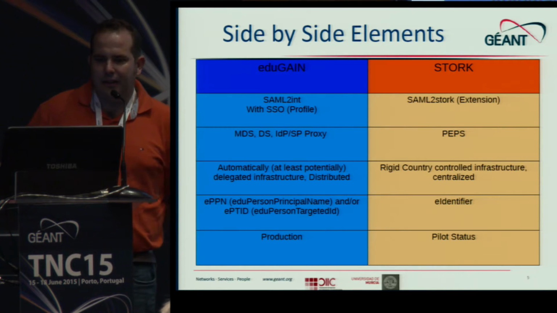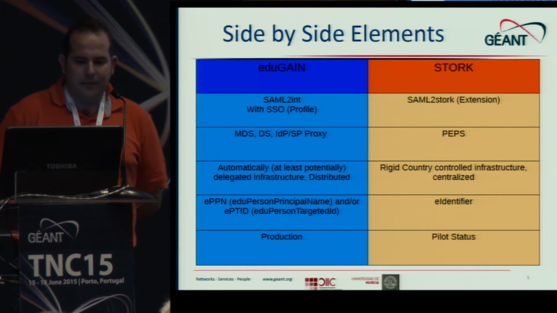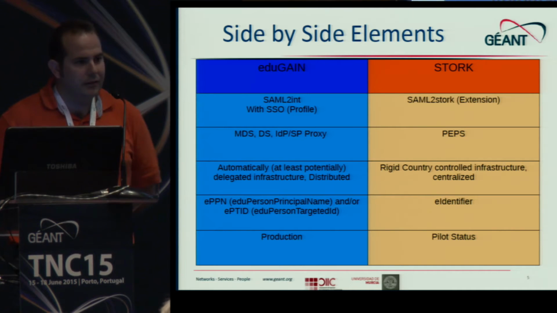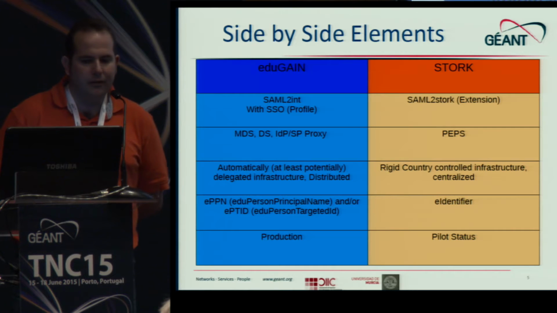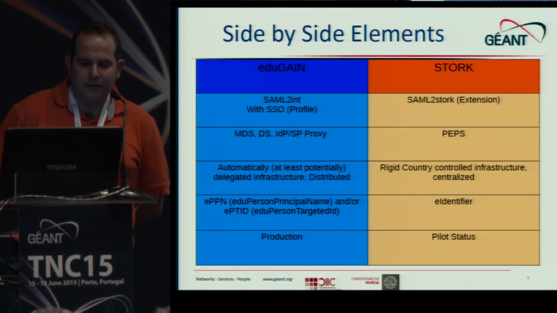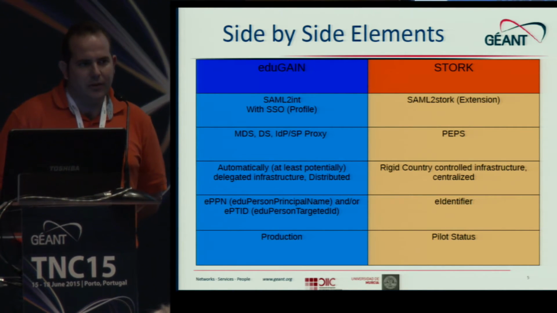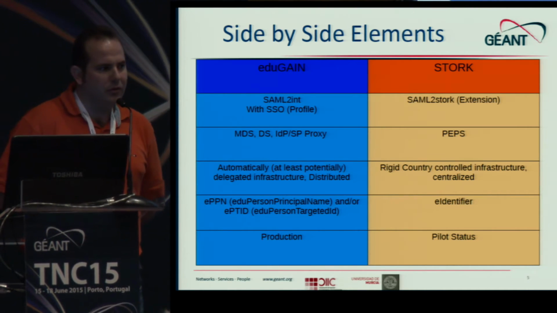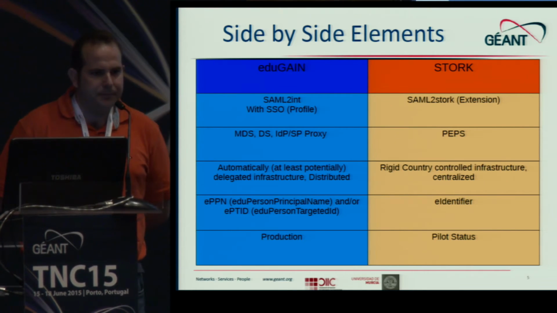If we see side by side eduGAIN and STORK, their characteristics: eduGAIN is based on SAML2int, which is a profile of SAML, really. It has single sign-on. In front of it, we have STORK, which uses SAML STORK, which is an extension. So it's not native to translate STORK SAML to SAML2int, and the other way around.